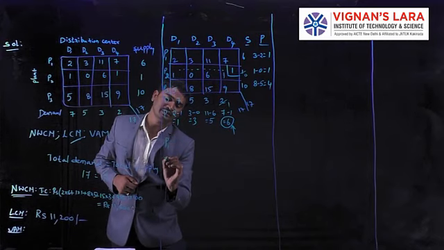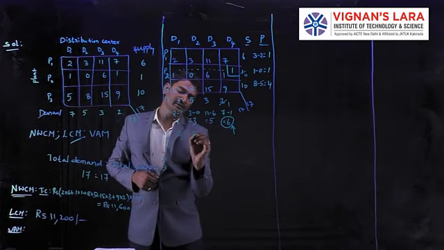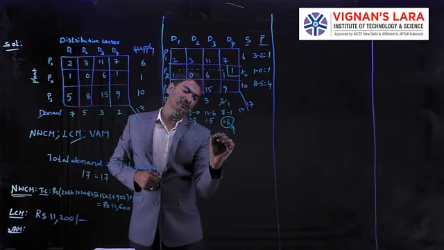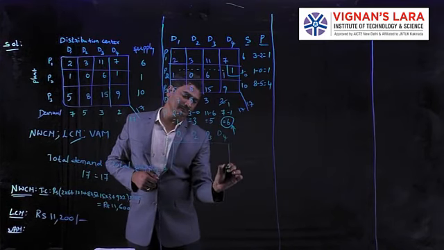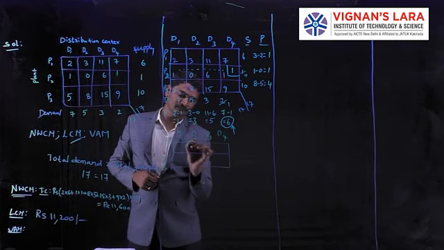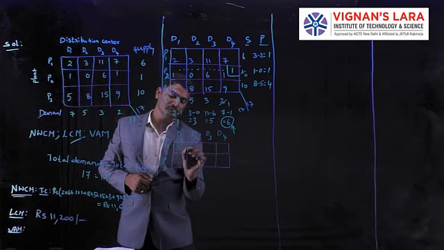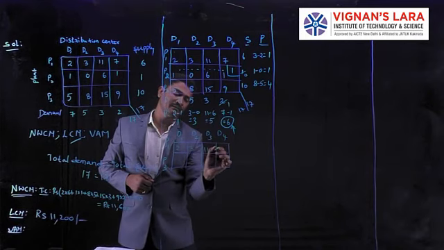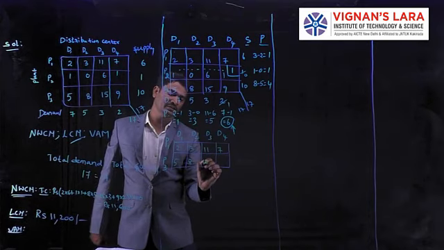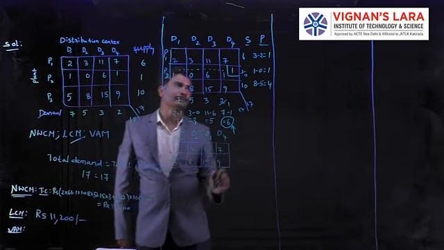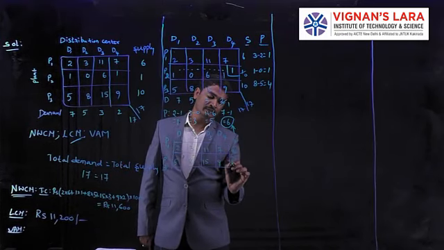After this we are left with P1, P3 and D1, D2, D3, D4. Here 2, 3, 11, 7 and 5, 8, 15, 9. The supply is 6 and 10.